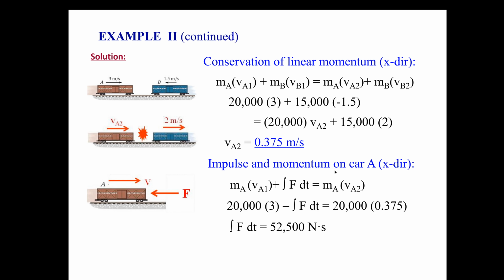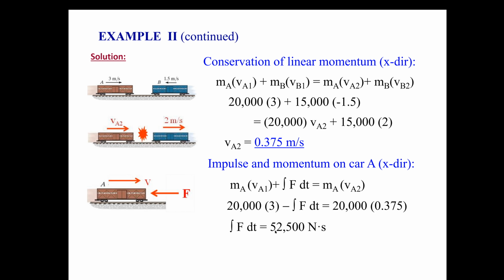All right, the next thing is to apply the impulse-momentum principle. Now we know those velocities. In this case, we're looking at car A, so we know its initial velocity, its mass, and its final velocity. The only part we're looking for is the impulse, so we can solve for that.